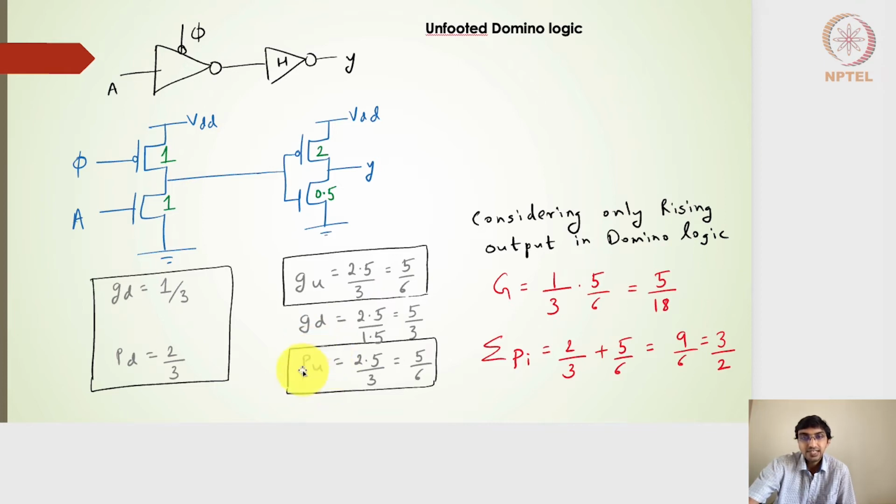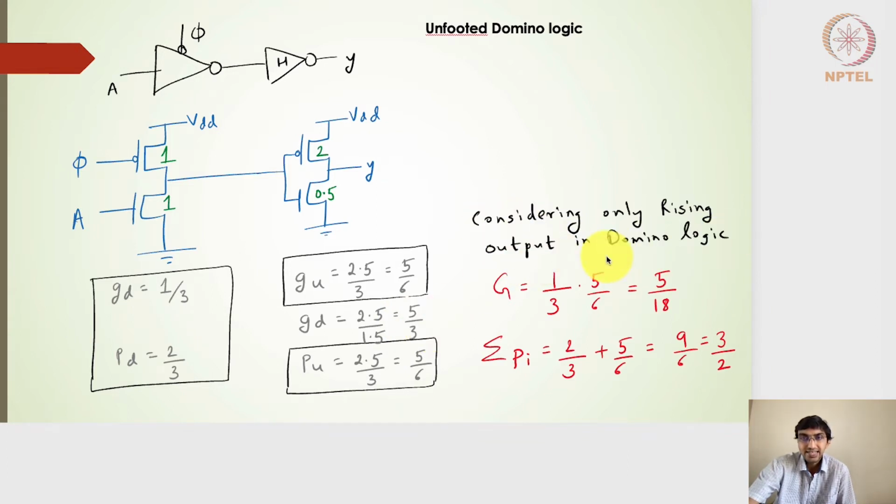The parasitics for the rising up, again, it will be 2.5 divided by 3, so it will be 5 by 6. Going down, logical effort, I've just noted it here, but not really of any relevance for the domino logic. The GD will be nothing but 2.5 divided by 1.5, which is 5 by 3.